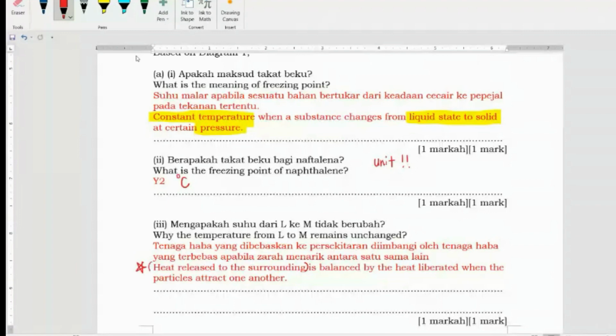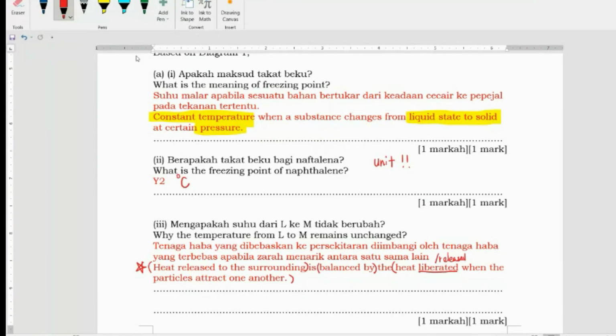Heat release to the surrounding is balanced by the heat release when particles attract to one another, meaning that it forms a solid. Okay, standard answer. Heat release to the surrounding, same as the heat liberated, also can write release, same meaning, when the particles attract to one another, meaning that it start to form a solid now.